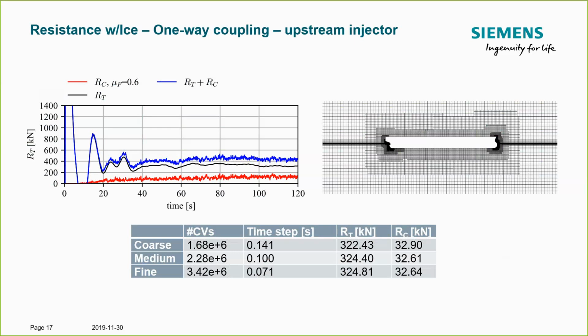But just to get a feeling for the remainder of this presentation, on the left-hand side here you see the time history of the resistance for the upstream injector approach. So at 8 knots, this 280 meters long tanker will be coming in with roughly 320 kilonewtons for the total resistance, here seen with the black curve, and the combined contact and resistance from air and water is the blue curve, and the red curve you can see is what the contribution will be from the contact with the ice.